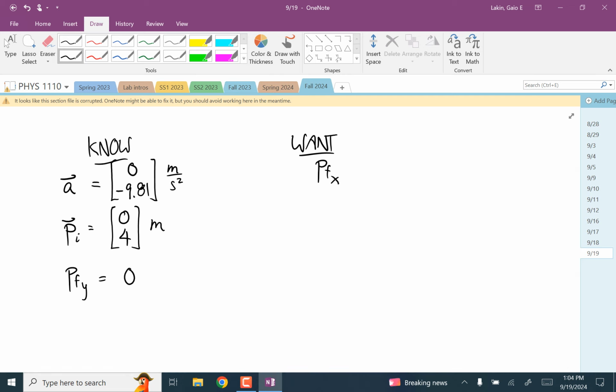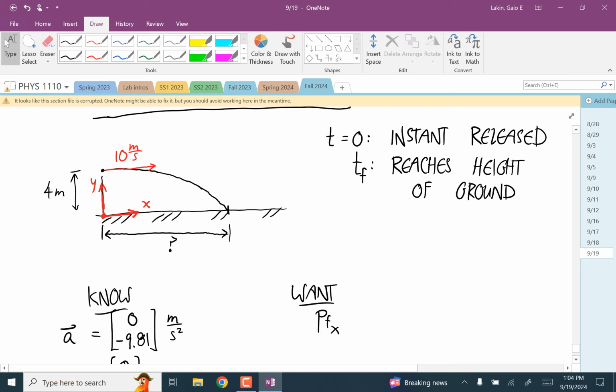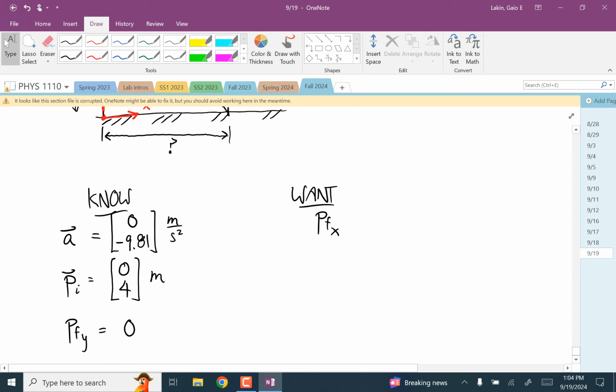Do we know anything about the velocity at time equals 0? Yes. We know the speed, and from the direction we can figure out the components. So if our coordinate system is aligned like this, and our velocity is horizontal with a magnitude of 10, what are the components of that vector?